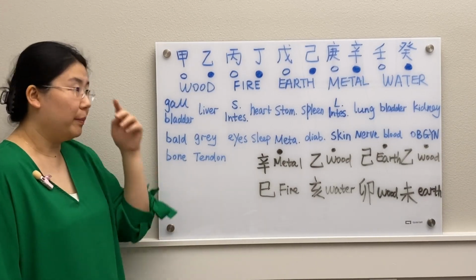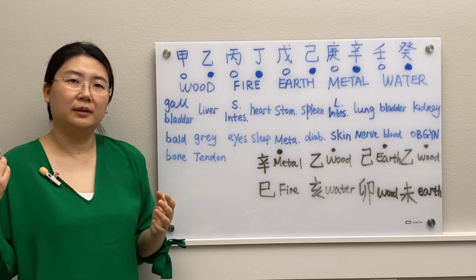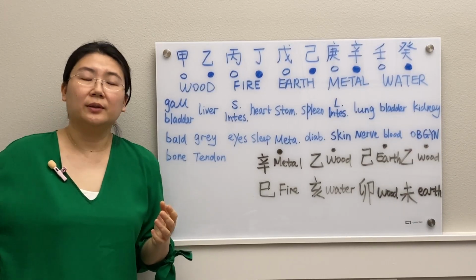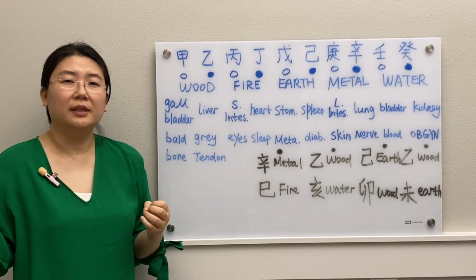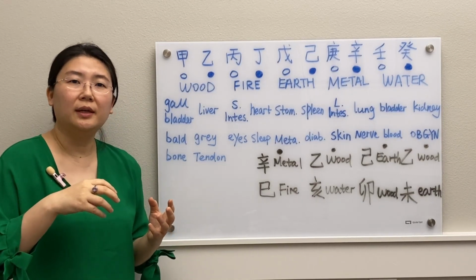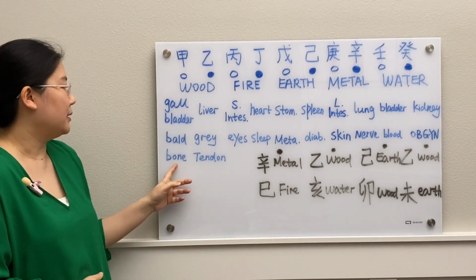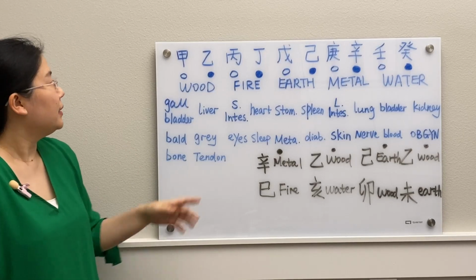Or it can mean our bones. So in a situation, I've seen some examples when the annual trend or the 10-year trend, there's a yang metal coming, because metal suppresses wood, people have bone fractures as a result of health risk.